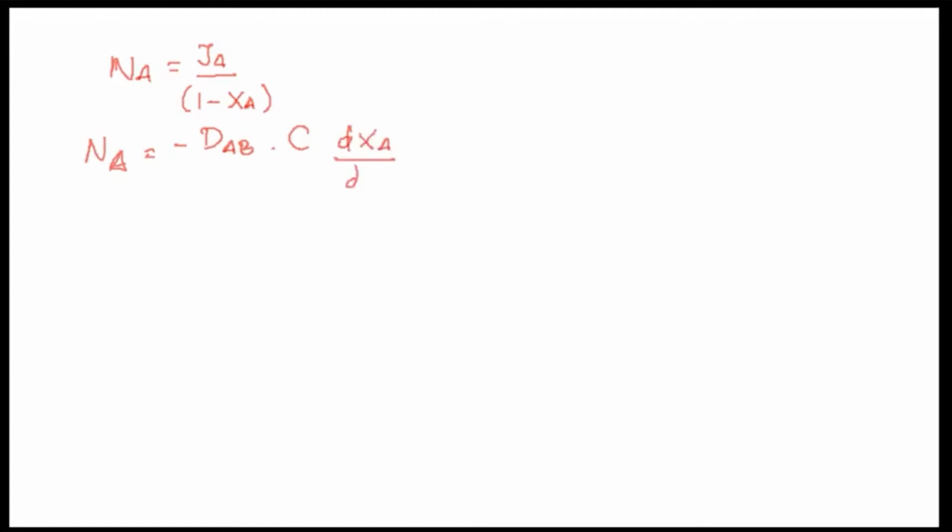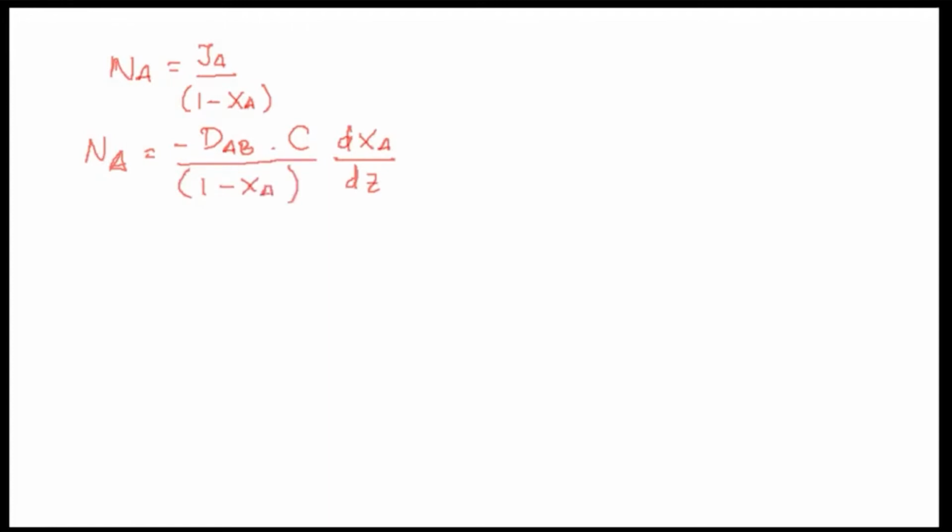So last time we have NA equal to JA over 1 minus XA. Please remember that JA is minus diffusivity of A, B times the concentration times dXA over dZ. That's JA. So NA is all of this divided by 1 minus XA.